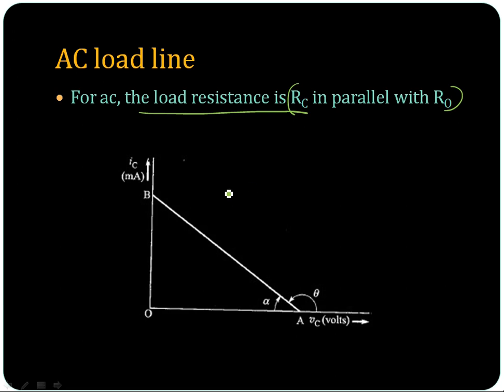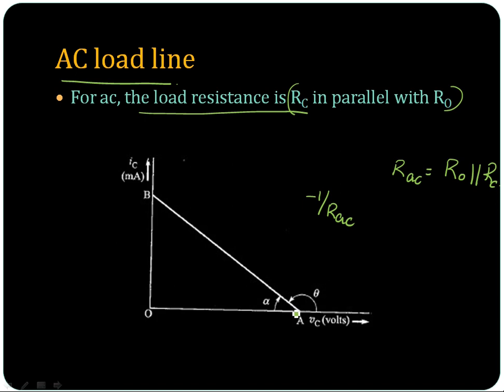So you can draw the AC load line with a slope equal to minus 1 by RAC. What is RAC? RAC is the parallel combination of R0 and RC. If you want to draw the AC load line, you have to consider the AC equivalent circuit, the AC behavior circuit. So minus 1 by RAC will give you the slope of the AC load line.